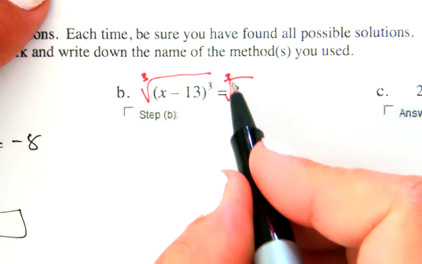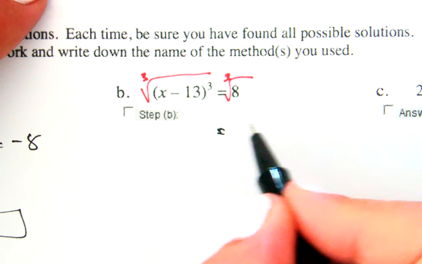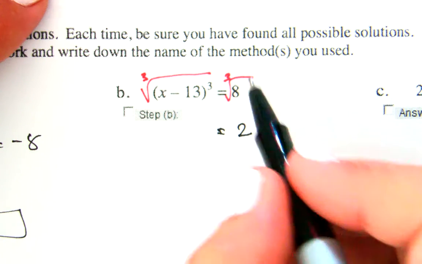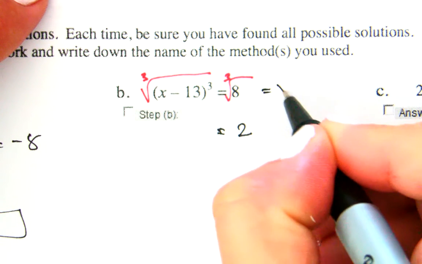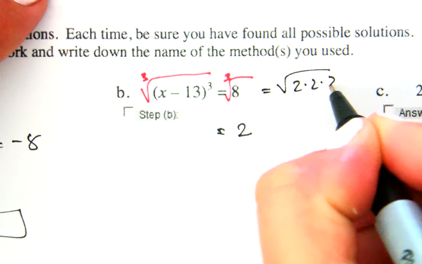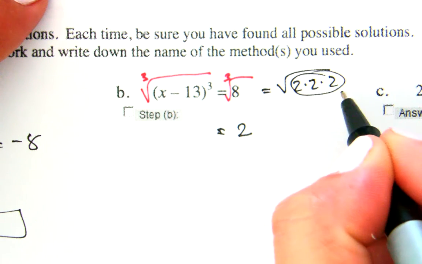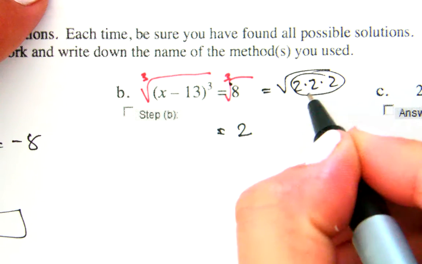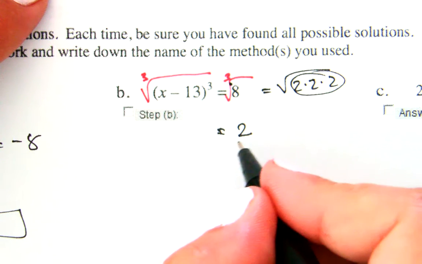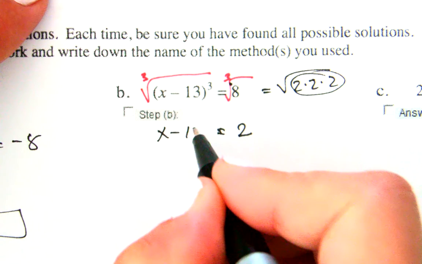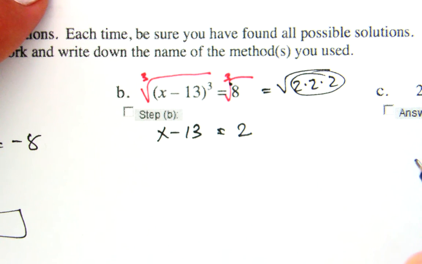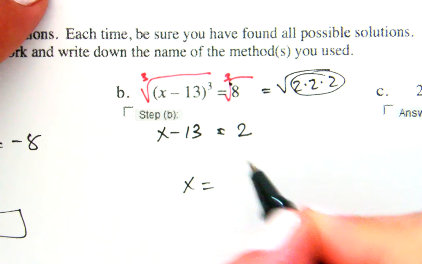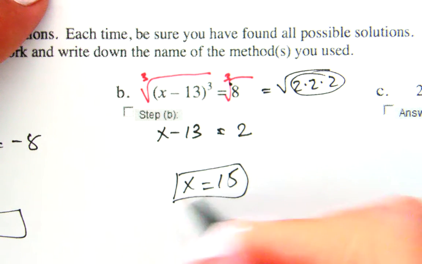The cube root of 8 is technically 2, because this turns into 2 times 2 times 2, and since there are 3 of them, because you're looking for the third root, one of them comes out, there's nothing left over, so you get a 2. So that means x minus 13 is equal to 2. And then you get x equals 15, and you're done.